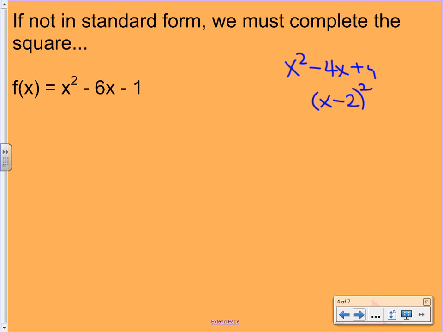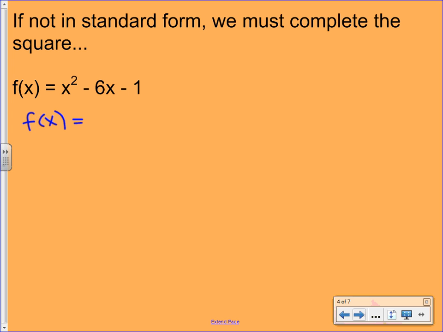So, this does not factor to a binomial square. Okay? So what we're going to do, first of all, you can only complete the square if you have a leading coefficient of 1. We have a leading coefficient of 1, so we are safe.